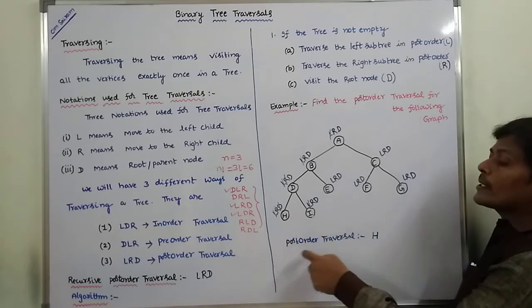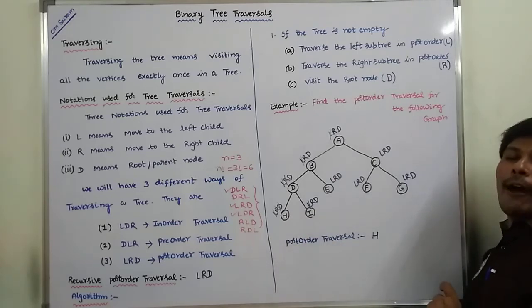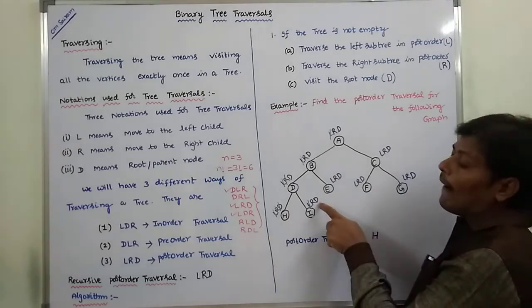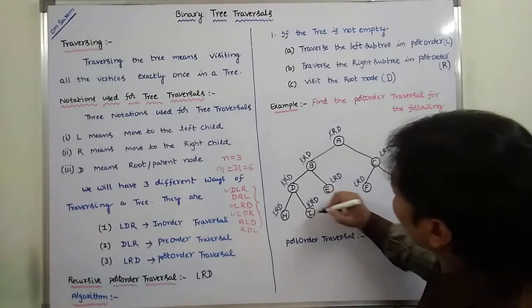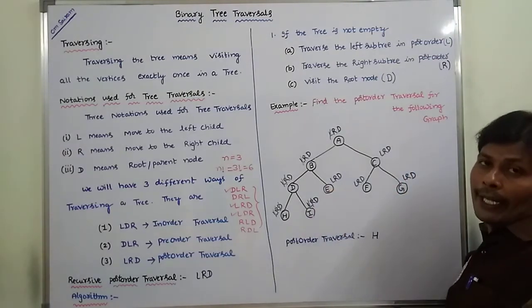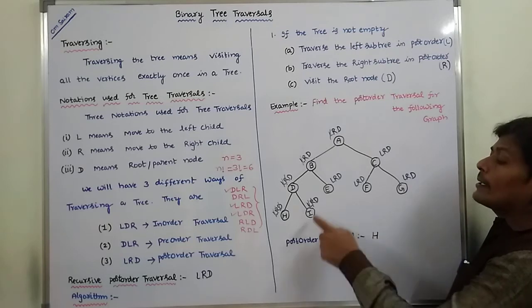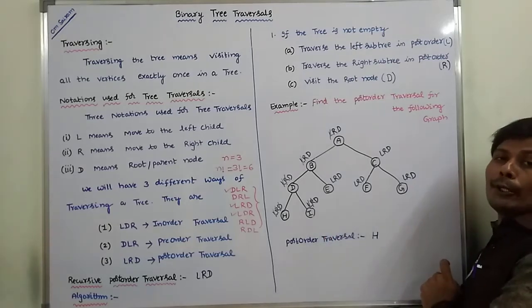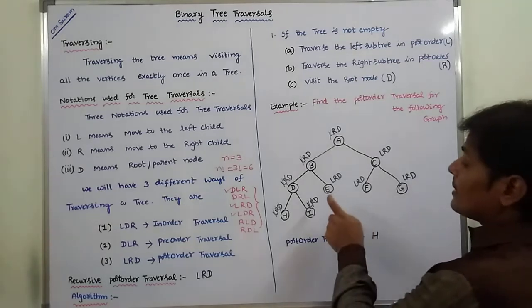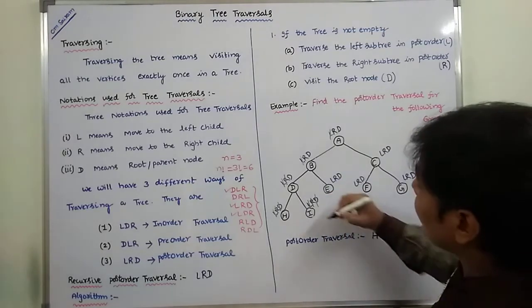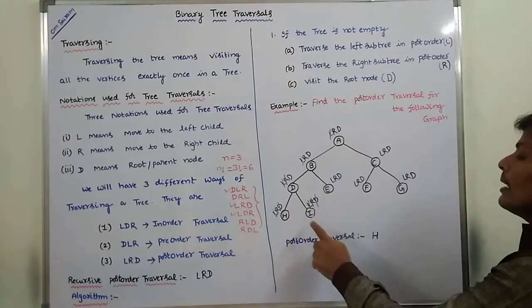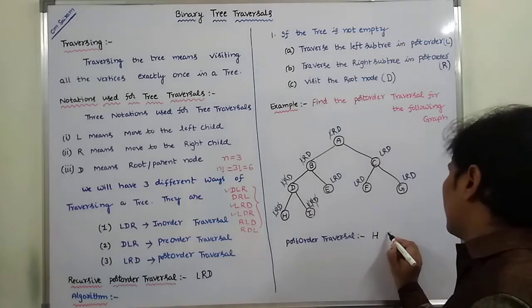There are no nodes on the left subtree of I. Next letter R. R means traverse the right subtree in post order. There are no nodes on the right subtree of node I. Next D. D means visit that node. Strike out D and visit that node.